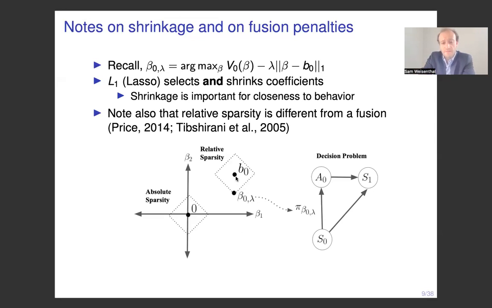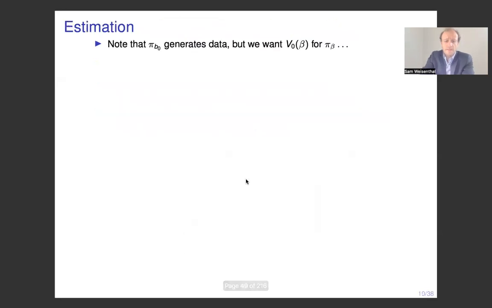In fact, we have to be very careful about how we estimate the parameter of the behavioral policy, for reasons that we'll now describe. In particular, we need that the behavioral policy be correctly specified. This is related to estimation, which in this problem is particularly difficult. The difficulty arises because the behavioral policy generates the data that we observe.